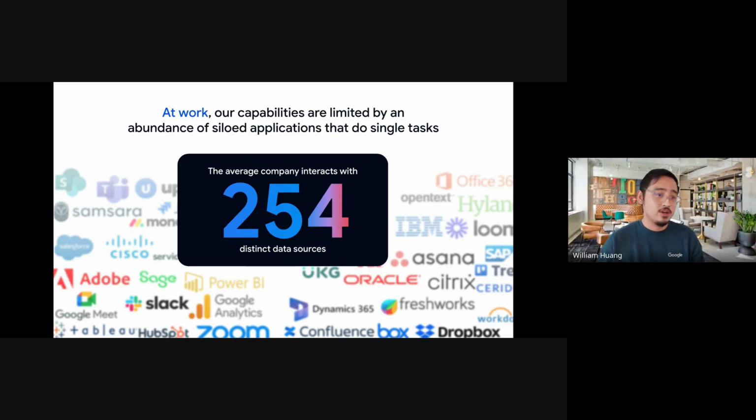As you see here, the average company, according to the study, interacts with up to 254. Honestly, the number is dramatically higher now that we have so many different data sources. That means you have up to 254 and more ways to silo your data. So you can imagine how much time is spent looking through even 10. We don't even need to look at 254. Even 10 data sources will take you a good amount of time.